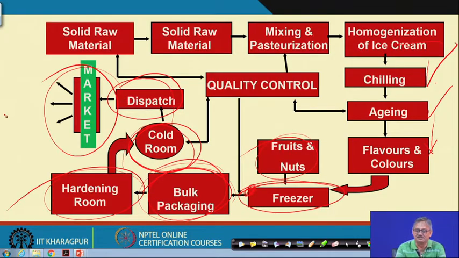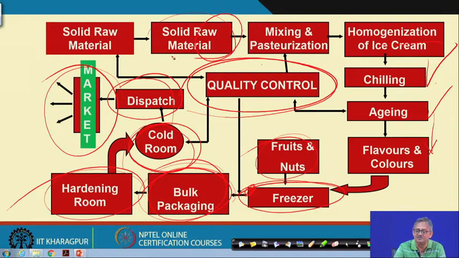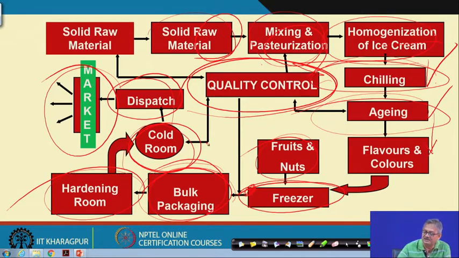But in all cases, there is quality control which controls the quality at every stage, right from the raw material or milk, then mixing and pasteurization, whether it is over or not, then whether homogenization is proper or not, then chilling for a definite period at a definite temperature, and aging for a definite period, whether that is done.